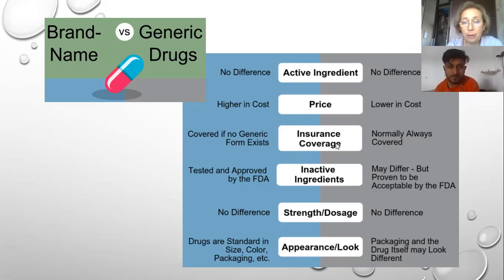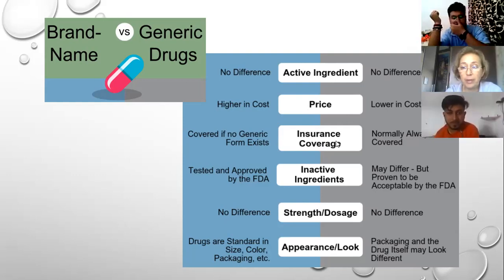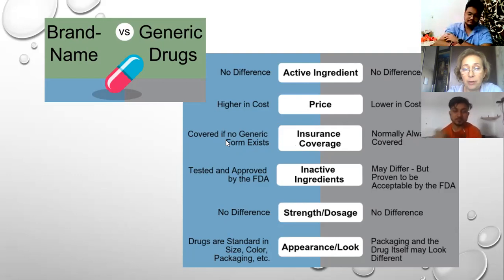As for insurance coverage in the USA, the insurance companies prefer generic drugs because they are cheaper. And for brand name, it is covered if no generic form exists.